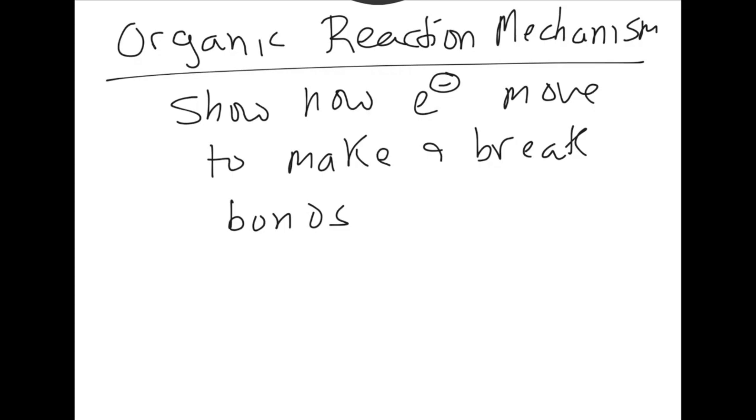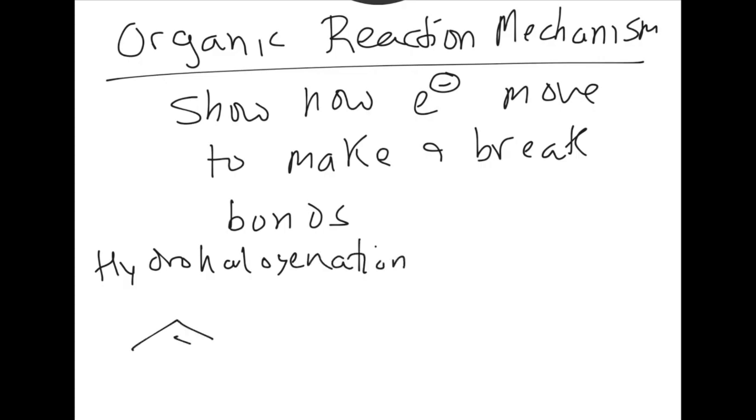So I need to give you a reaction that we can use to write out a mechanism. So I'm going to give you hydrohalogenation. Where we have a double bond and we add HX, where X is a halogen.